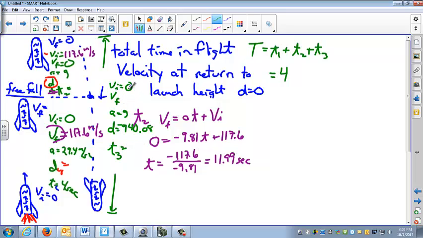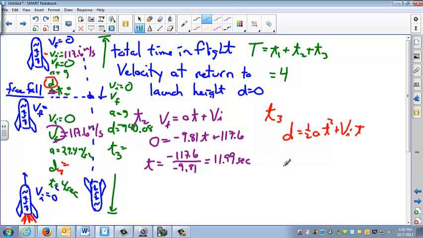So again, I've got an equation without final velocity. So I need to come up with T3. So my equation without final velocity is displacement equals 1/2 AT squared plus VIT.